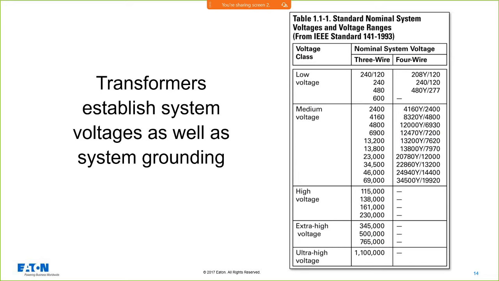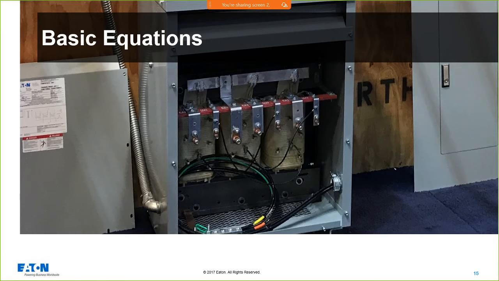If it's an industrial facility, I may need only 480 volts throughout my facility. But you could say, well, I'm going to use 277 volt lighting and I'm going to limit my 120, but normally you're going to have that 240, 120 volt type of secondary for a lot of different applications. But in any case, the transformer is a critical part of the pie.